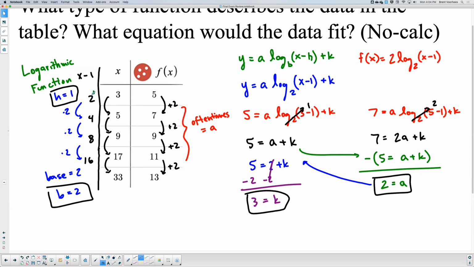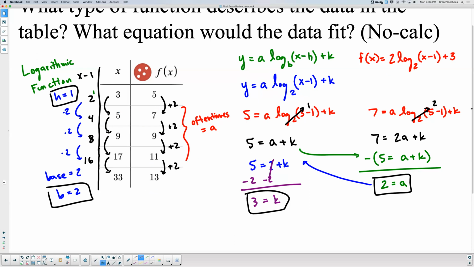We got that because this was 2 to the first, 2 squared, 2 cubed, but that wasn't matching up there, so we needed to subtract 1. And the k we found out was plus 3. That 2 to the first should give us a 2. We needed to add 3. 2 squared is 4. We needed to add 3, and so on, just to get the values right over there, if that makes sense.